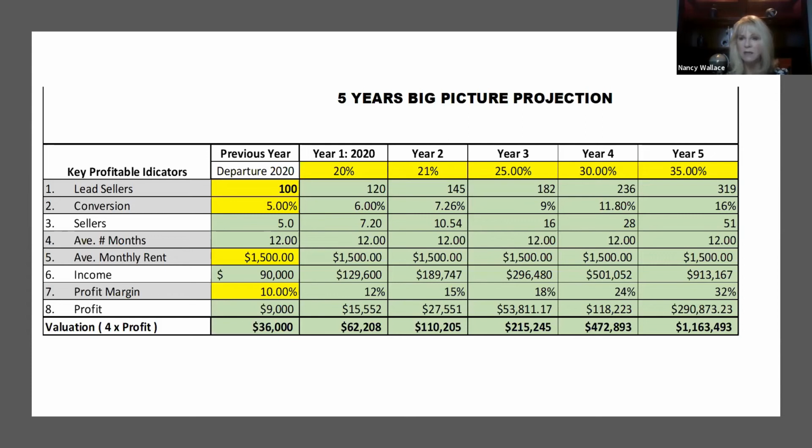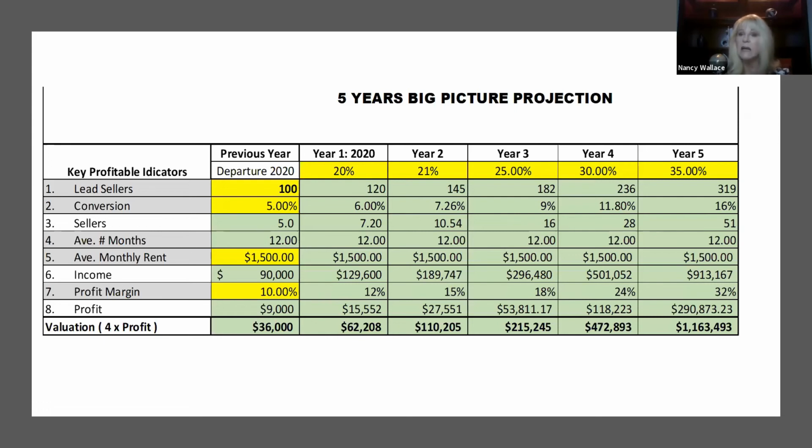Then the price of the house, and there are some other factors, but my conversion rate has to be at least 5%. So the sellers are actually properties: I've acquired 5 properties. If you average over 12 months collecting $1,500 a month, then your annual income on those 5 properties is going to be $90,000.